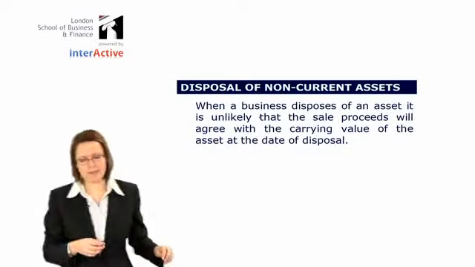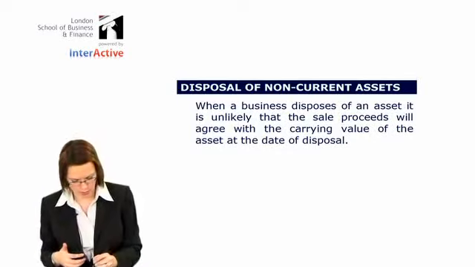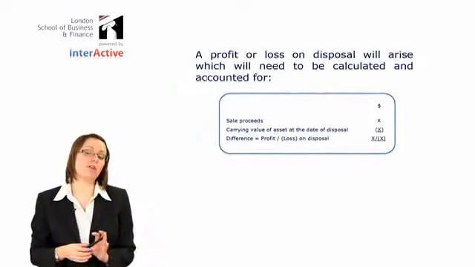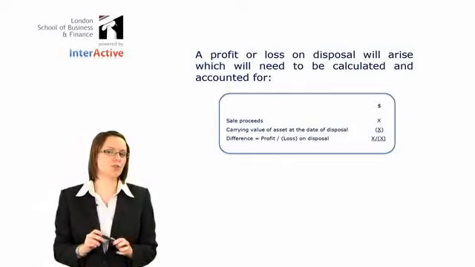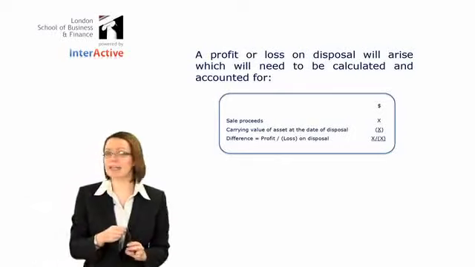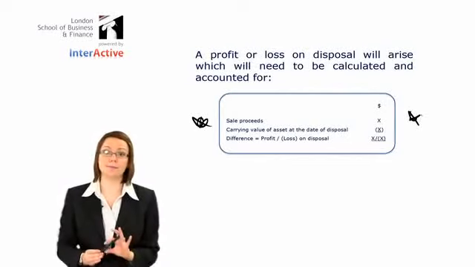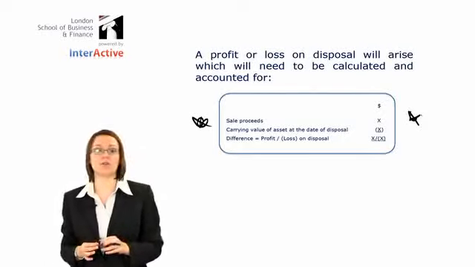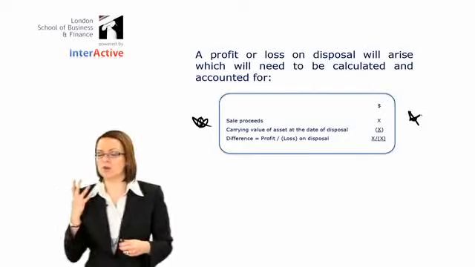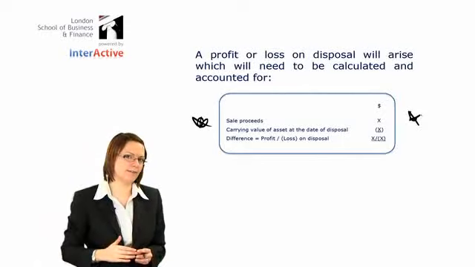So, let's have a look first then at this idea of a profit or loss on disposal. Now, when we account for a profit or loss on disposal, we need to calculate the value first. So, as you can see in this diagram, which again, you must learn, we're going to start off with the sale proceeds of the asset. Those proceeds are what I receive in return from selling the asset.